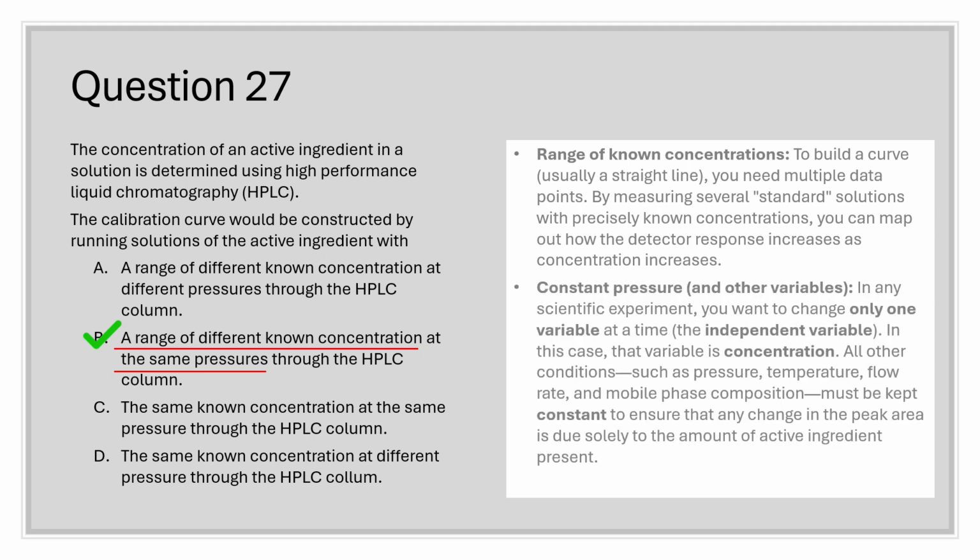Constant pressure and other variables: in any scientific experiment, you want to change only one variable at a time, the independent variable. In this case, that variable is concentration. All other conditions, such as pressure, temperature, flow rate, and mobile phase composition, must be kept constant to ensure that any change in the peak area is due solely to the amount of active ingredient present.